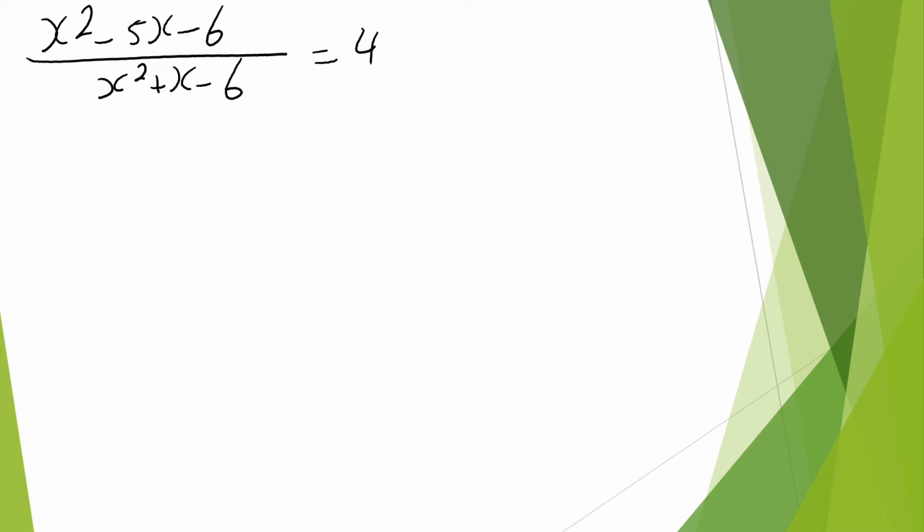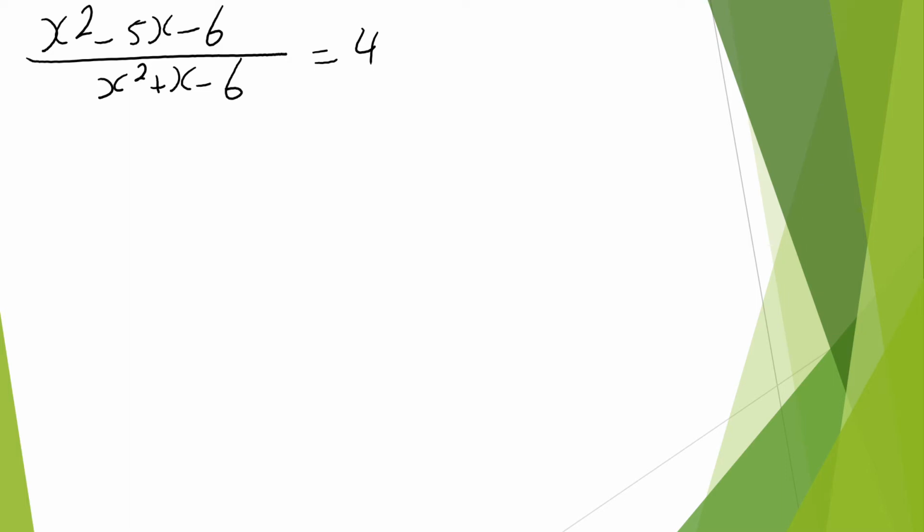If you factorize and then try to simplify, you can tell that the bottom one can be factorized to 2 and 3, and the numerator can be factorized to 6 and 1, and there is no common factor between them, so it cannot cancel out.